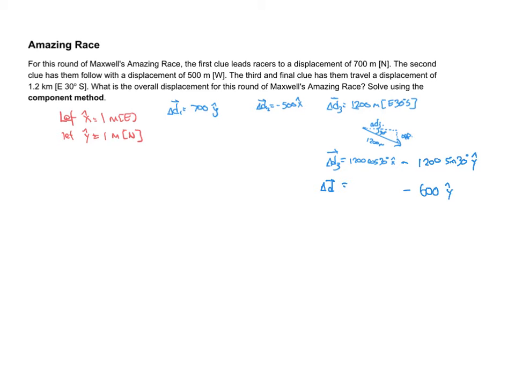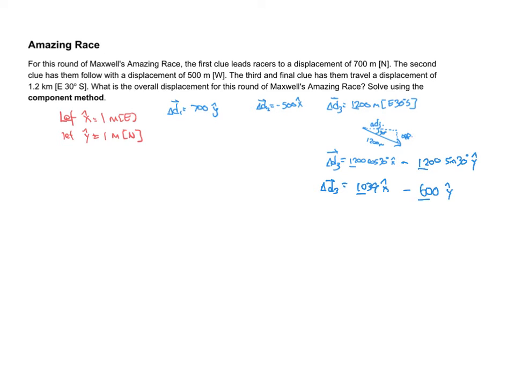So I'll just put that in the calculator here. So I'm getting 1,039. These would be the two sig figs, because we were given originally as 1.2 kilometers. All right, so that is the third vector broken down into components.